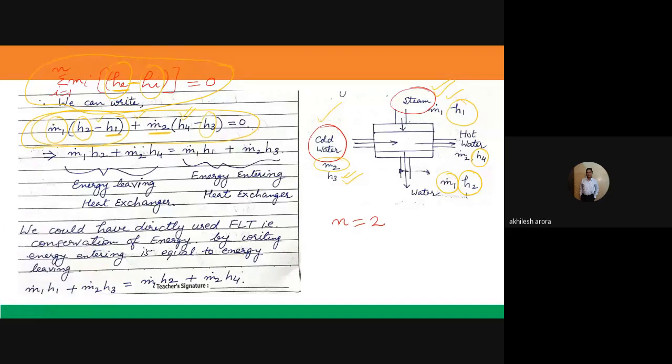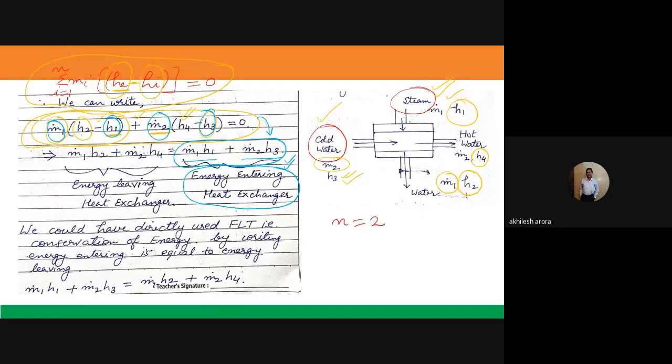This is the energy which is entering in. Okay, m1h1. So this is basically from this equation only, you can see it here. This is m1, this is h1, this is m2, this is h3. Both have the negative sign, so I am taking these on the right hand side. So it becomes m1h1 plus m2h3, and this value is equal to energy entering into the heat exchanger.